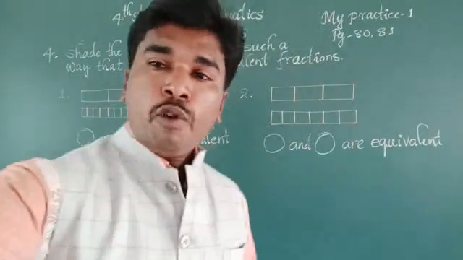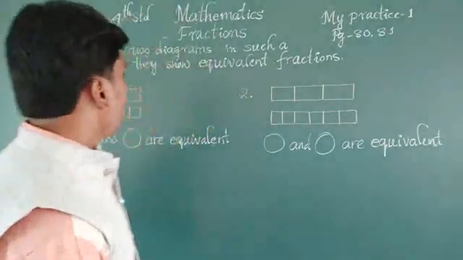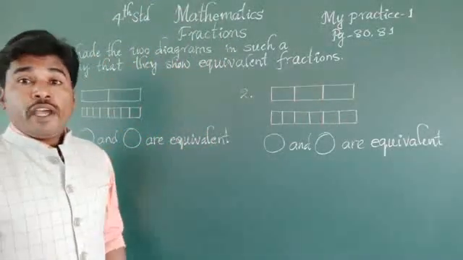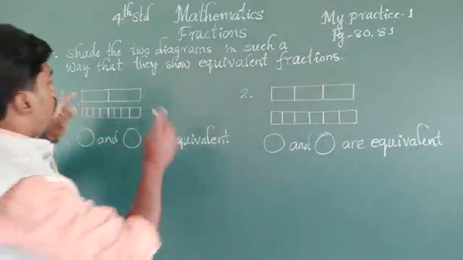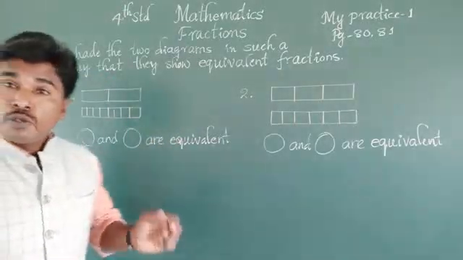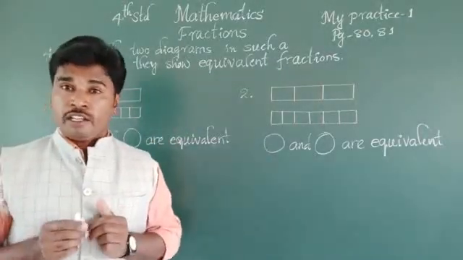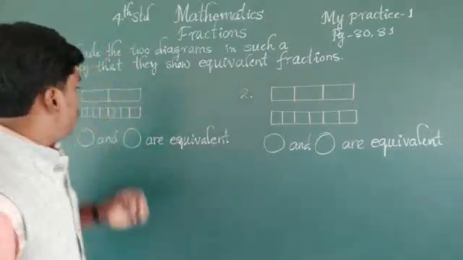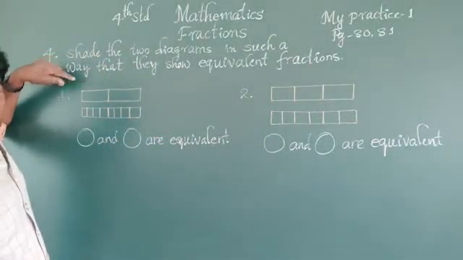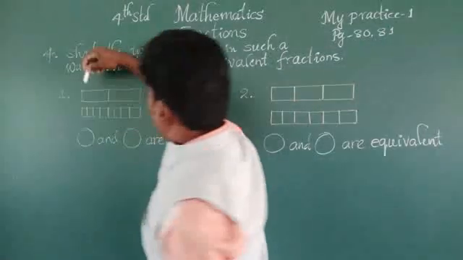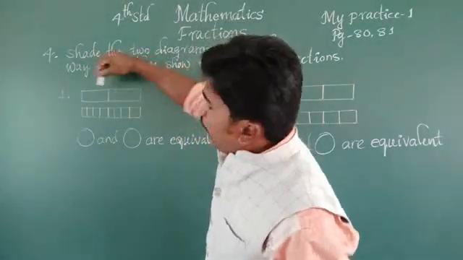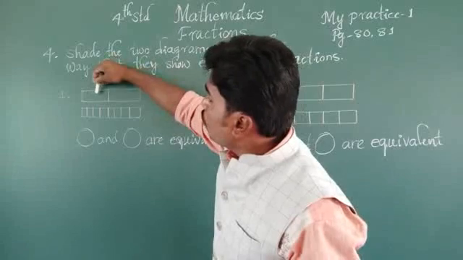So here I am going to shade the squares, or it may be rectangles, so that it gives equal values. Observe, dear children, this is the first one. Here a rectangular box is made into two equal parts.